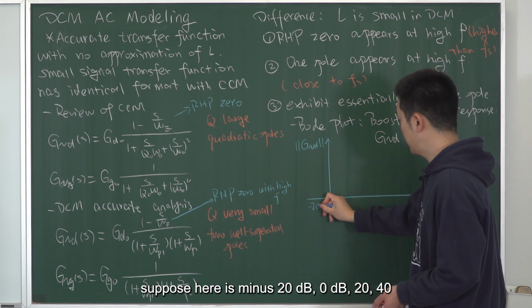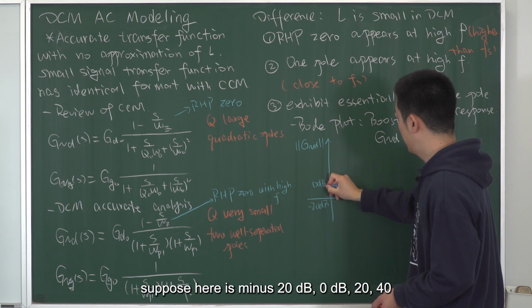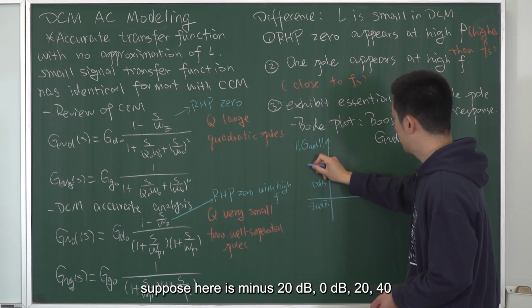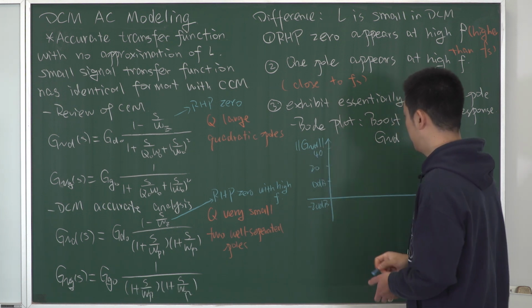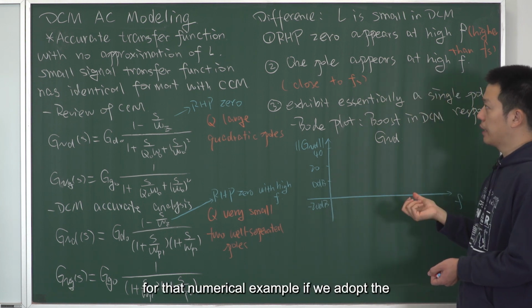Suppose here is minus 20 dB, 0 dB, 20, 40.